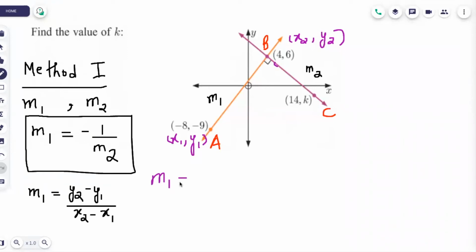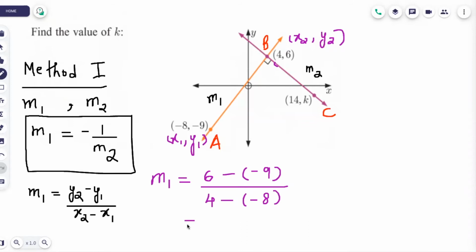M1 is equal to y2 is 6, y1 is minus 9. So I'm going to put y1 in a bracket because it is a negative number. x2 is 4 minus x1 is negative 8. So minus 8 I'm going to put inside a bracket.